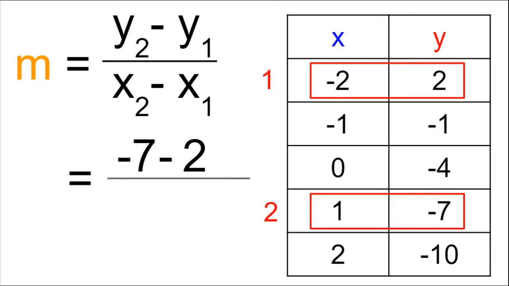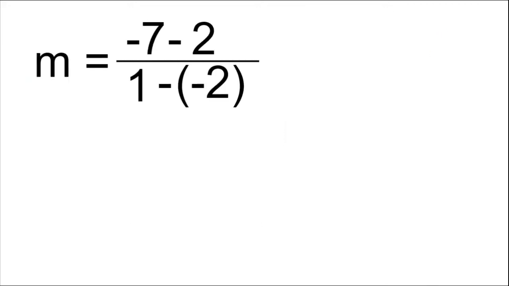Now we divide this by x2 minus x1. Now x2, we look at our second point, 1, -7, and we look at our x coordinate, which is 1. And we're subtracting this by x1. So we look at our first point, -2, 2, and we look at the x coordinate, -2. So we're subtracting this by -2. Now we have -7 minus 2 over 1 minus -2.